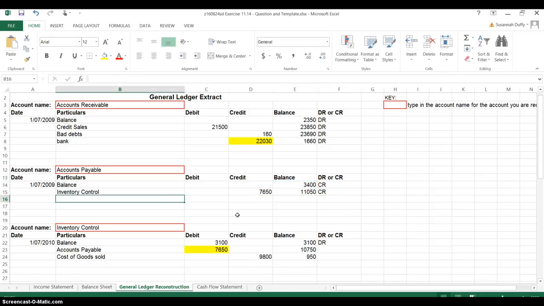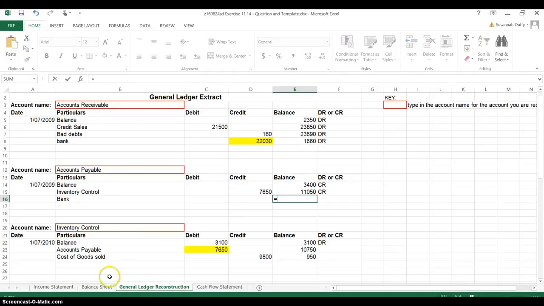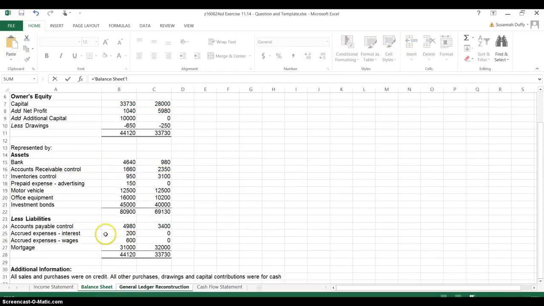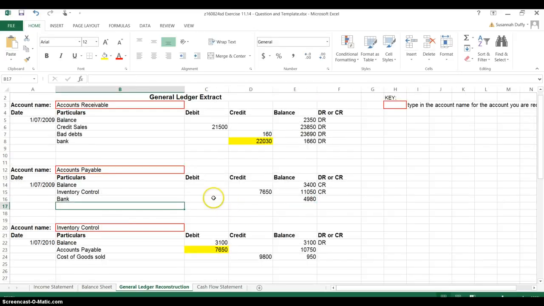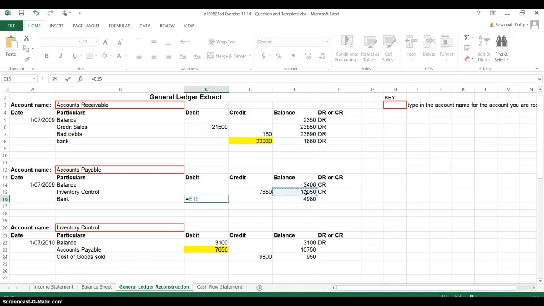Now finally, we know what our closing balance is. So that means that to get to our closing balance, we have to calculate how much is actually paid out of the bank. The closing balance for accounts payable was 4,980. So within your debit side of the bank, we've got a credit balance, we need to reduce it, so we'll debit it, say equals our last balance with our new balance, $6,070.